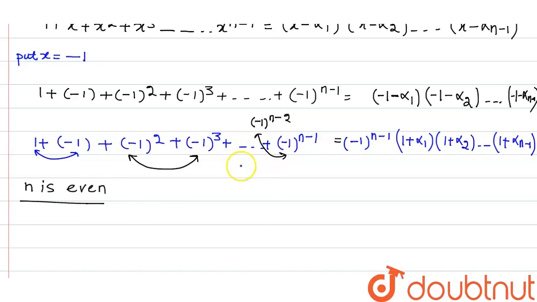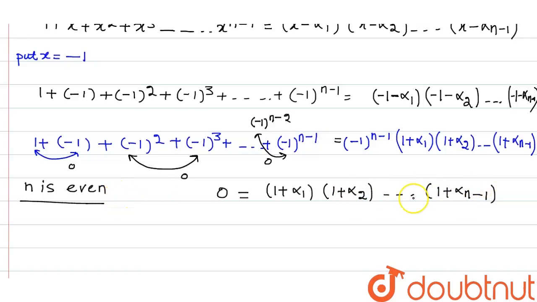So 0 is equal to minus 1 to the power n minus 1 times the product, which is negative, and multiplying both sides by the negative sign, we get (1 plus alpha 1)(1 plus alpha 2) up to (1 plus alpha n minus 1) is 0. This happens when n is even.